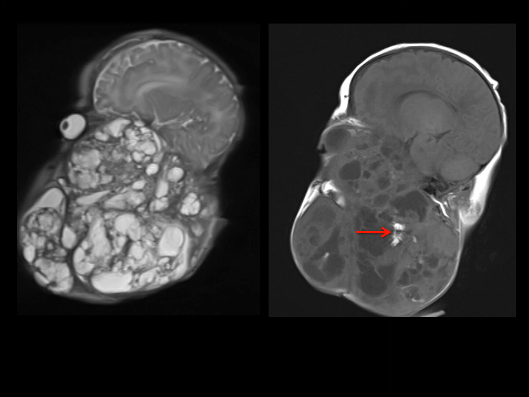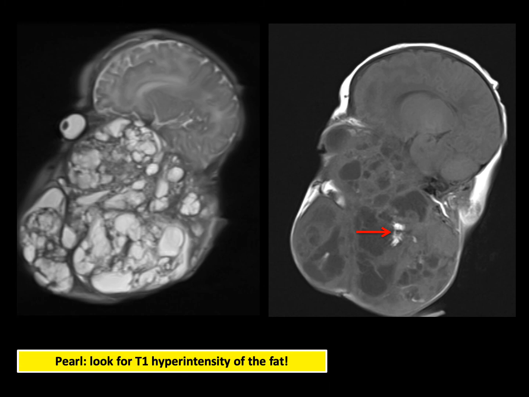When we do the T1 pre, we leave the signal of the fat as it is, so we don't apply fat saturation, as I said, and this allows not only to define the hyperintensity of the soft tissue from the mass, but also to pick up small areas of fatty intensity in the lesion, which is basically the hallmark of a teratoma.